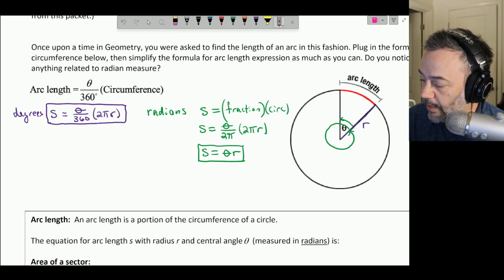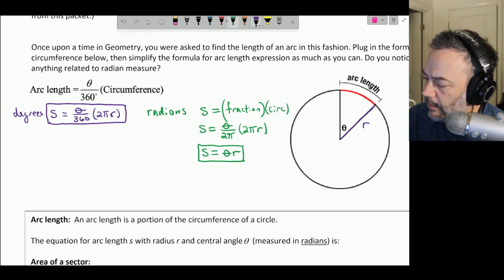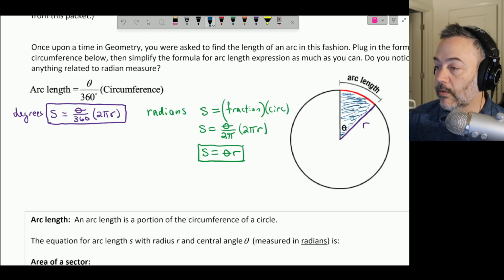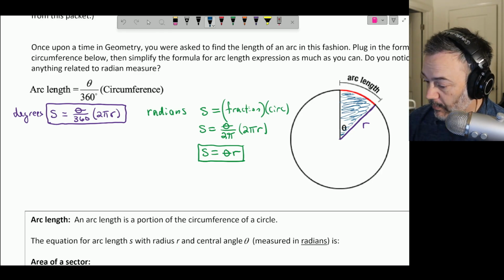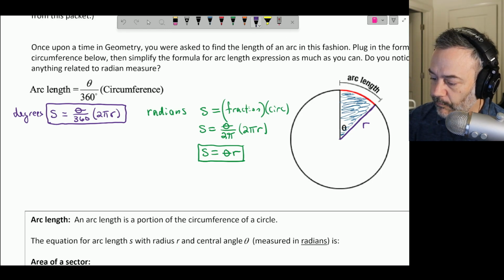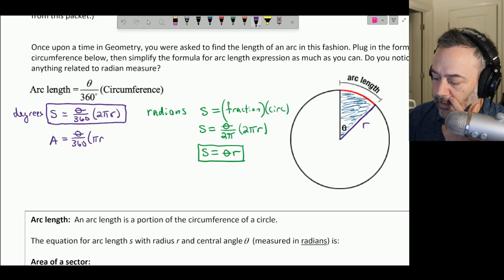Okay, what about sector area? So let me erase this quickly. And so now sector area would be the area of, I'll do it in blue. Sector area is the area of this pizza slice. And a sector of a circle is this wedge shape. And in degrees, the area would be theta out of 360 times pi r squared.